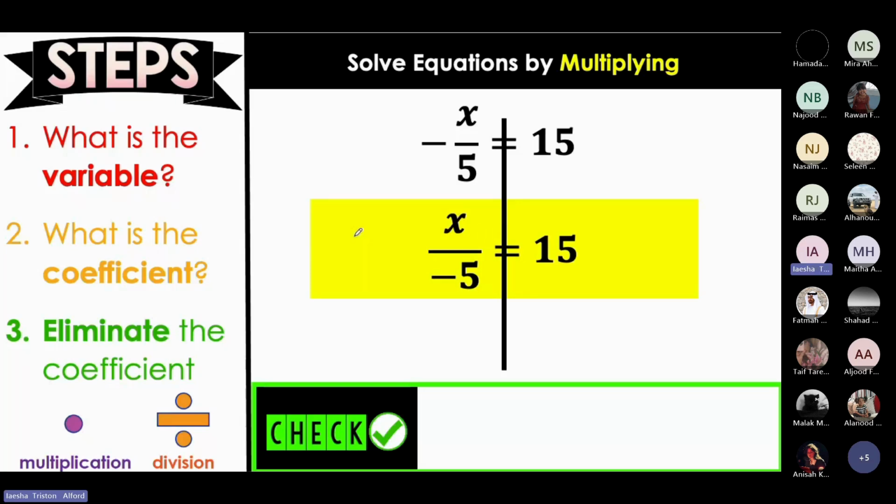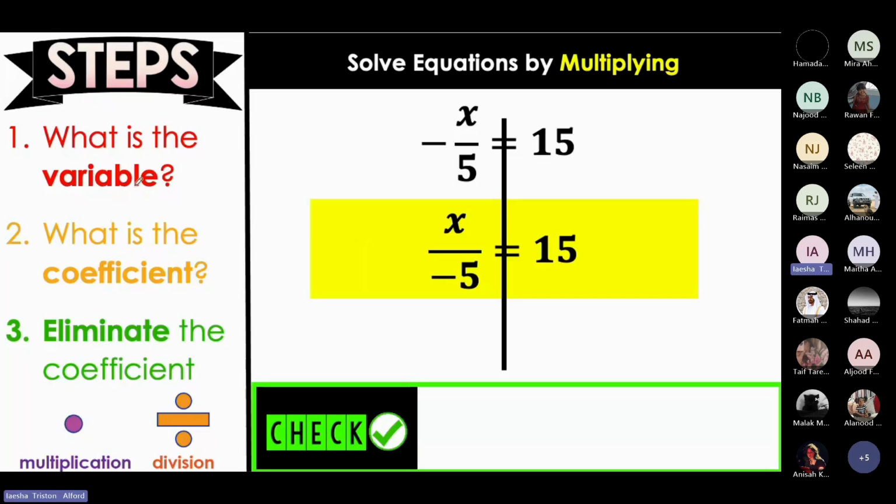Why? You do not want to forget about it. It's a very easy thing to forget. Think about how many times you come to me when we are checking and tell me, oh, I forgot the negative. The negative is so small sometimes you can miss it. So to help yourself not miss it, make sure you put it with the number. Do not keep it in the middle.